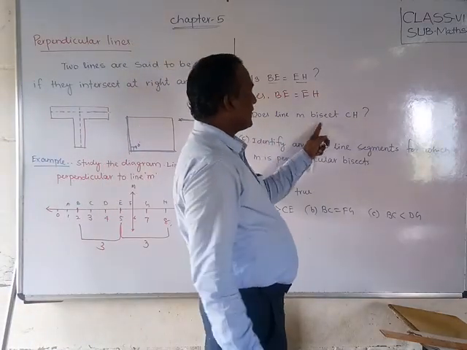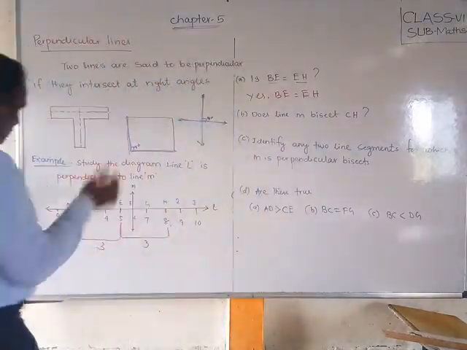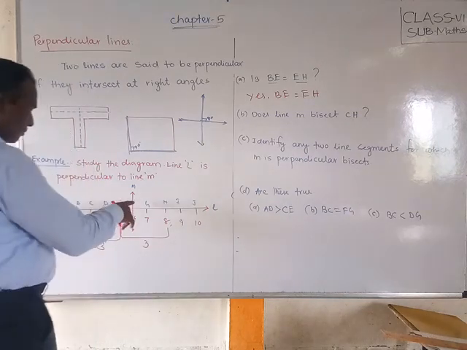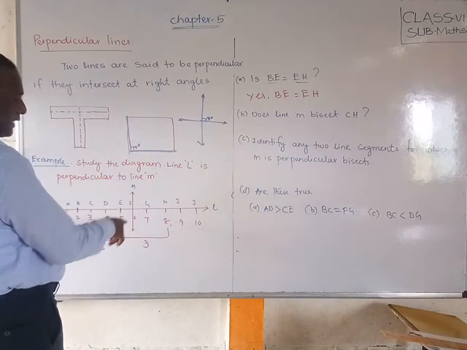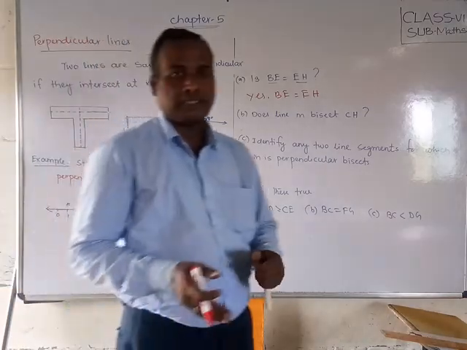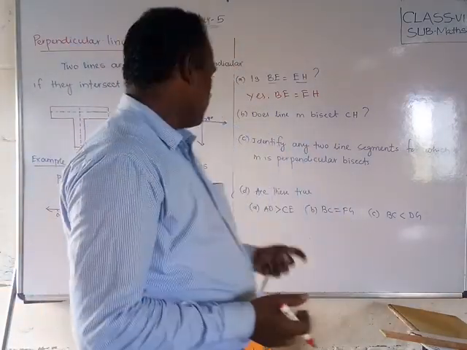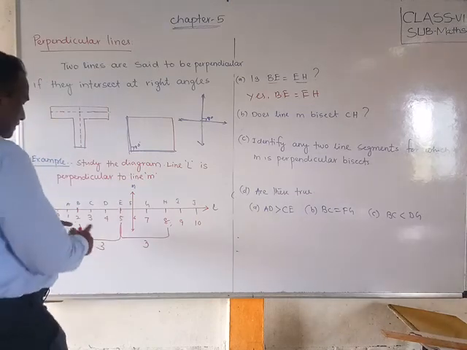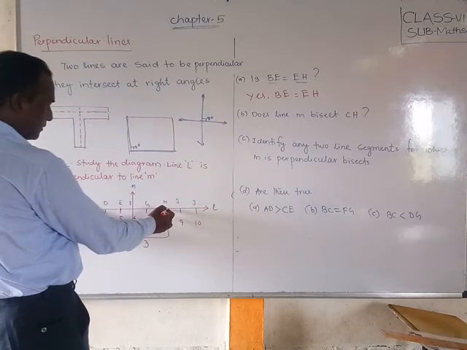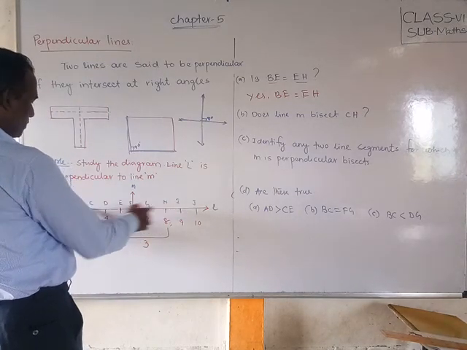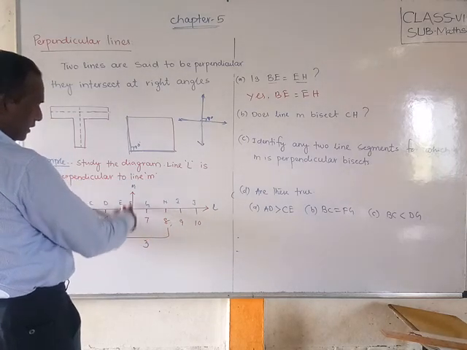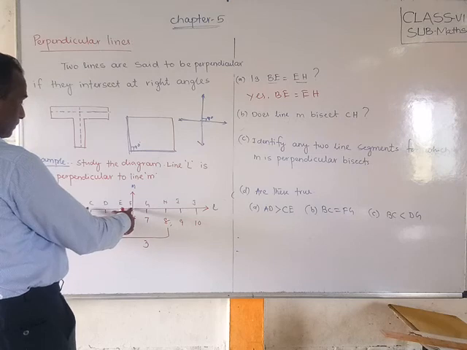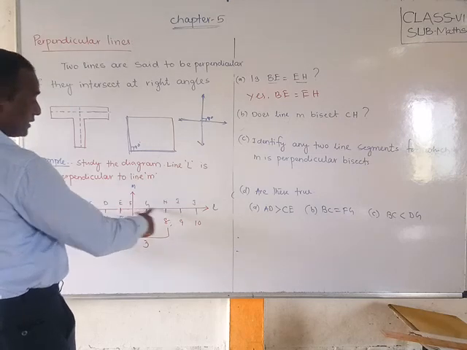Does line M bisect CH? Bisect means equal parts. Make it equal parts. CH, C and H, total how many units? 1, 2, 3, 4, 5 units. Here it is intersected at 3 units, and this side is 2 units.